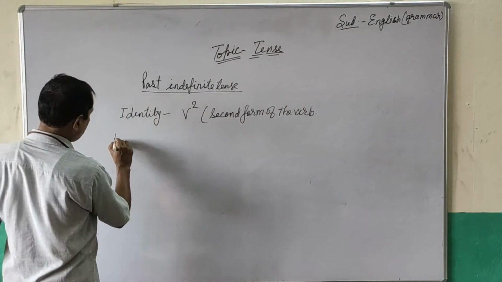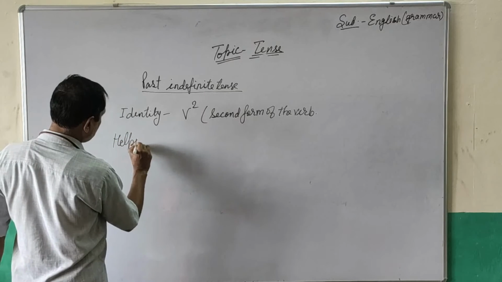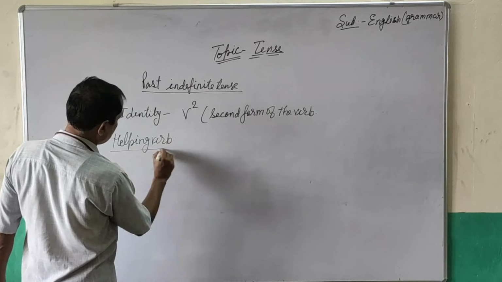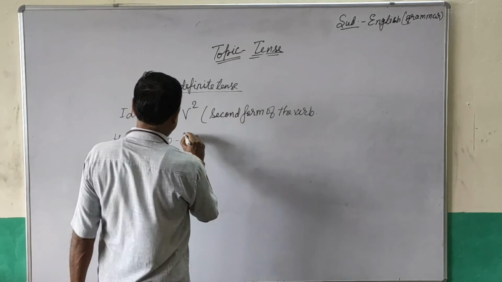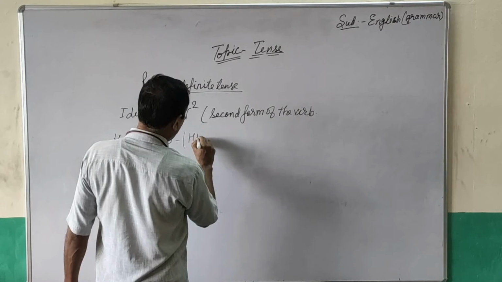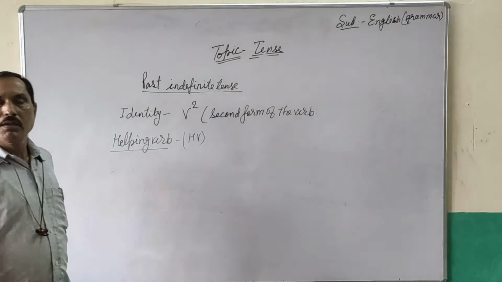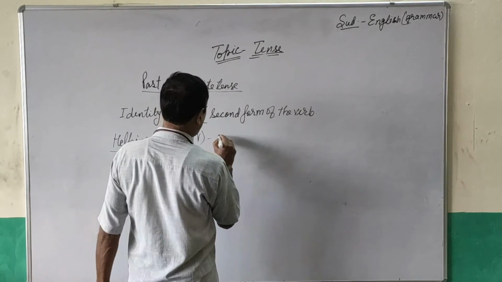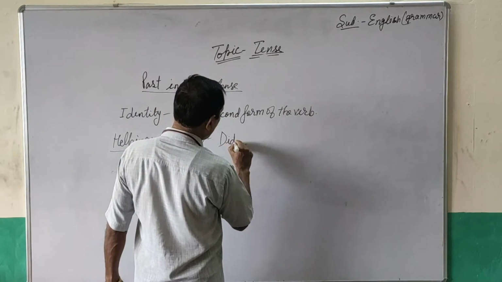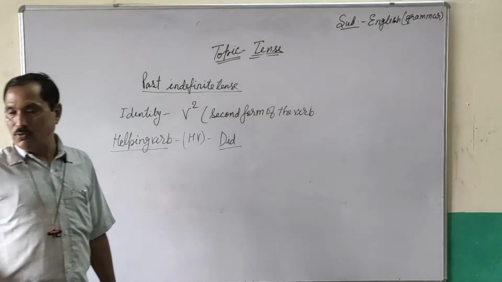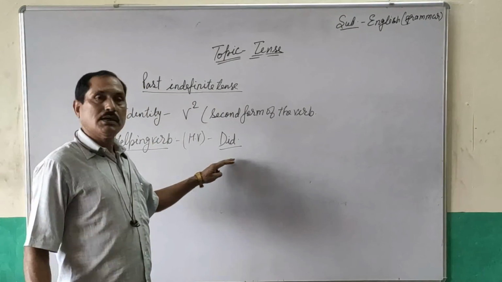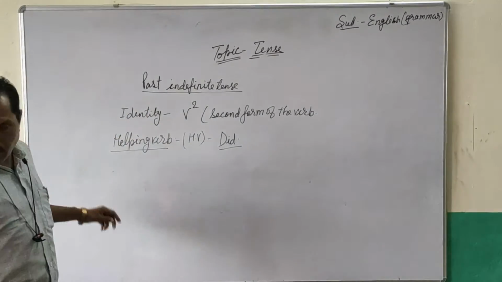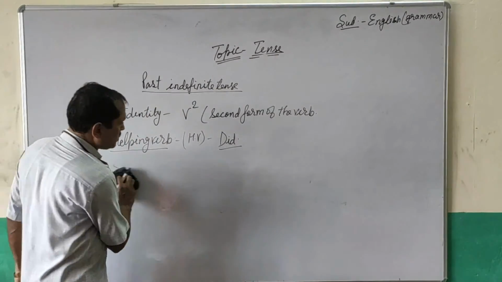Helping verb, in short, we write HV. The helping verb is did. Both singular and plural number we use did.